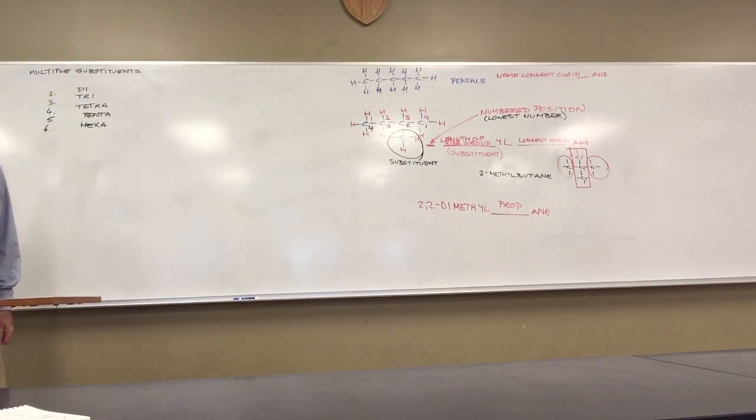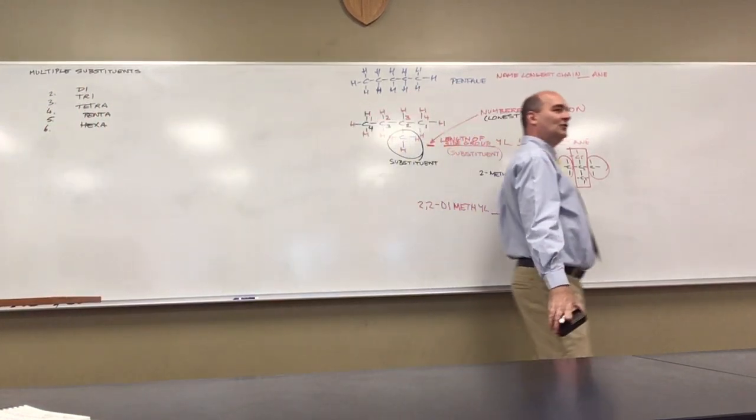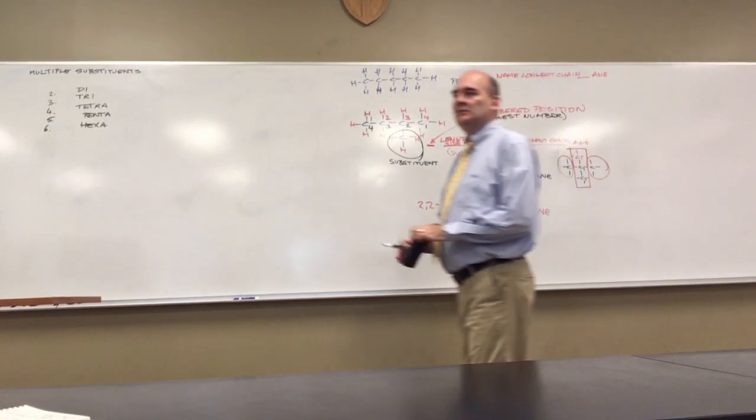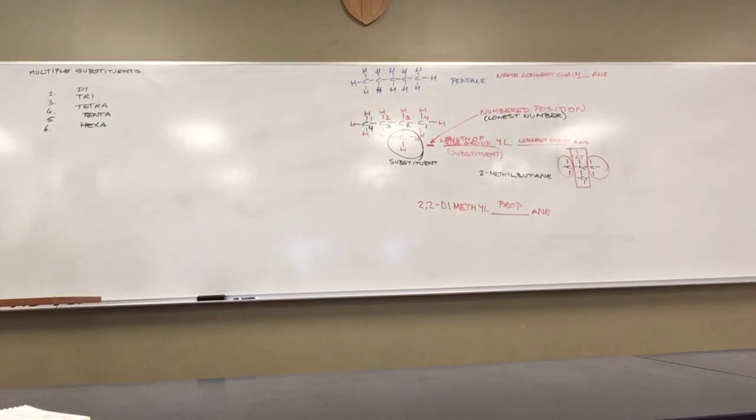So the mono exists, but we only use it if there's something really unusual. The unusual kind of happens when a molecule normally has more than one of something, and in this particular case, it only has one. And we'll name that one specially. So the monos never come up. Di, tri, tetra, penta, hexa will be good enough.